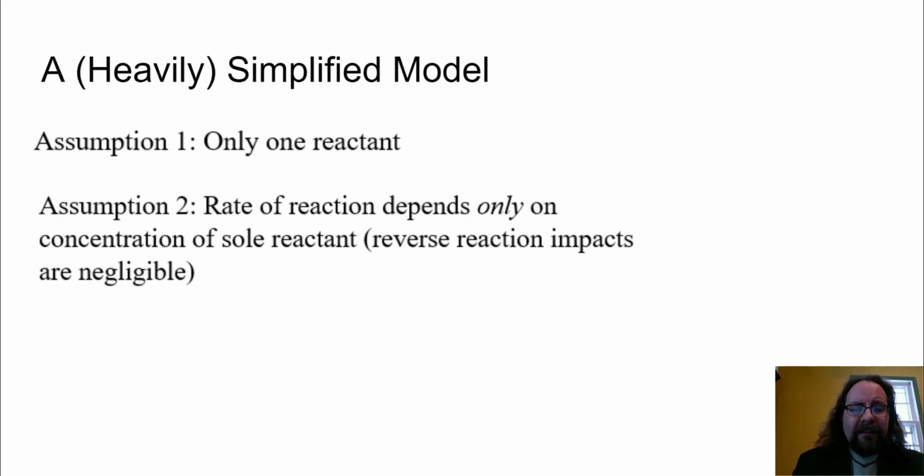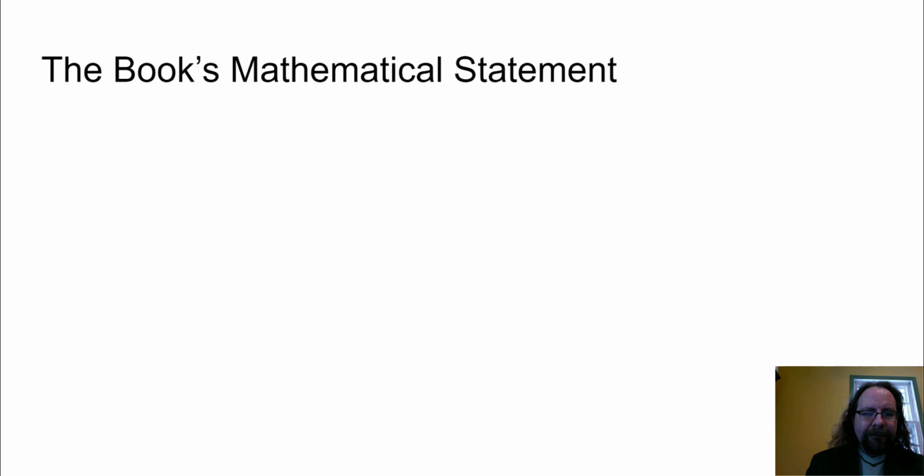The problem is that if the reverse reaction has an impact, then the concentration of the reactant could start doing different things. So here we're assuming that the rate of reaction depends only on the sole reactant, so the reverse reaction impacts are going to be negligible. And these are pretty heavy simplifications based on what could happen in a typical chemical reaction.